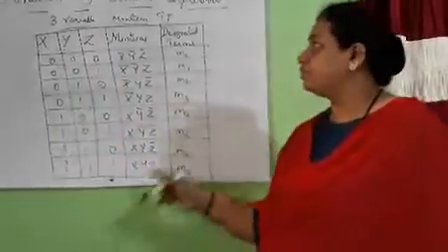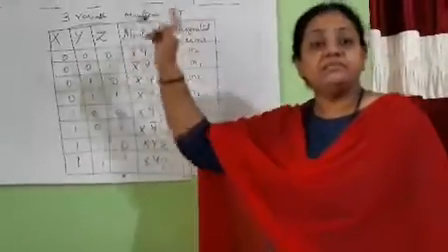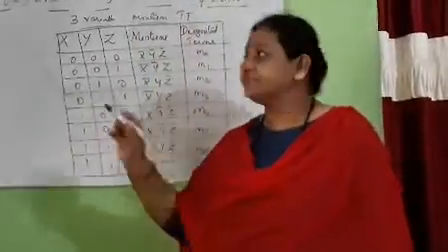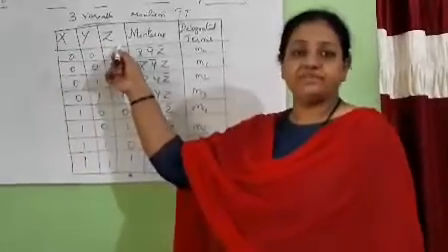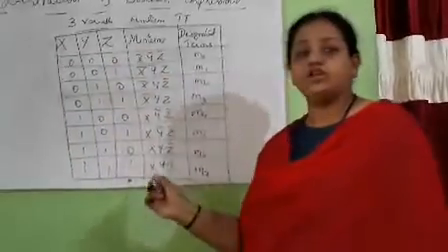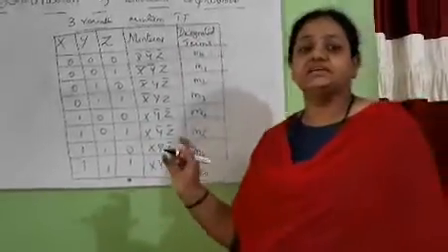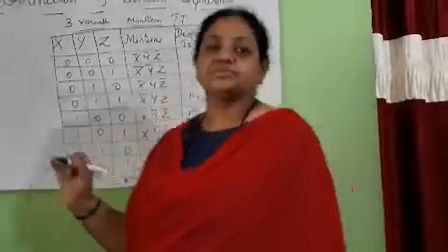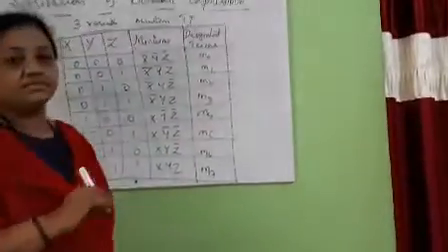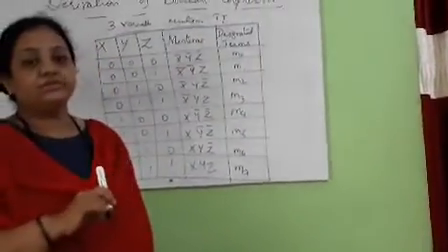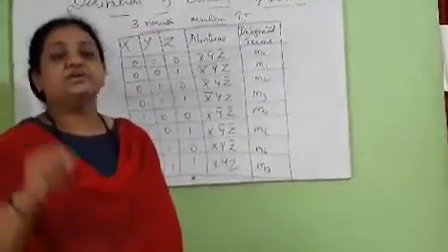First let us have a look at the 3 variable minterm truth table. So 3 variables x, y, z we have taken. Then the next column is minterms. Then the designated terms. Hope you have understood this. Kindly go through the truth table.